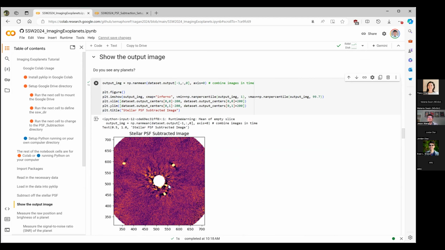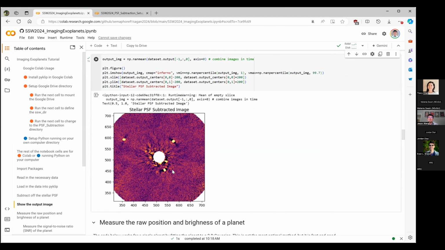This fourth one is sometimes a little easier to miss compared to the other three, but those should be the locations of the four planets in the data. If anyone has any questions about that, that's where they are. I imagine that for people not used to direct imaging data, the first time they may miss this last one.